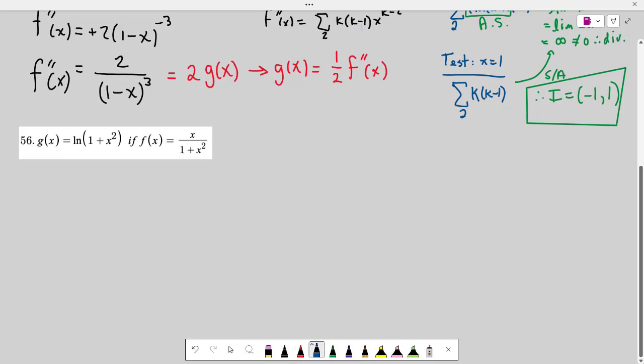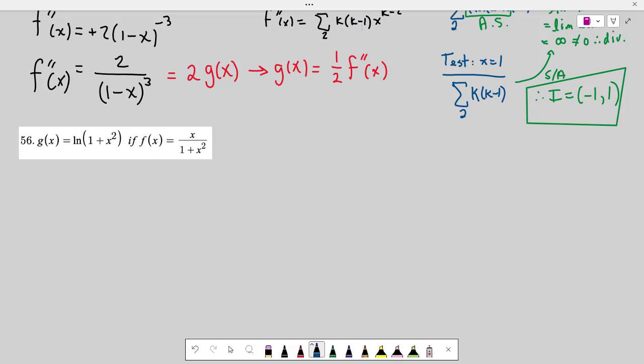All right, let's at least start this thing. So once again, we want the power series for G knowing the power series for F. How do we get the power series for F? Integrate.